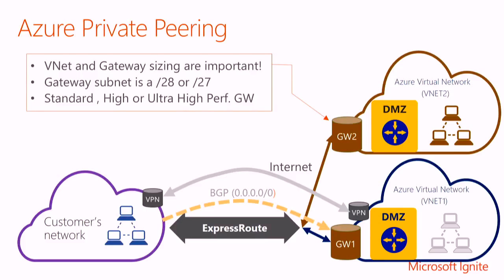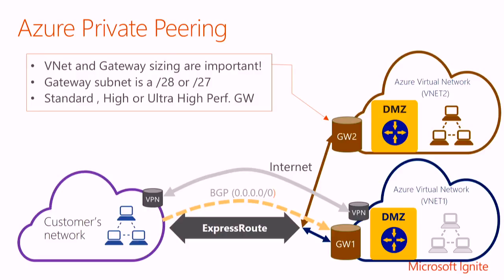We have 2 SKUs available, standard SKU and premium SKU. Premium SKU gives you the ability to connect VNets across the globe. You can connect a VNet in US and Australia with one ExpressRoute circuit. That means you can learn the routes from other geopolitical regions also.